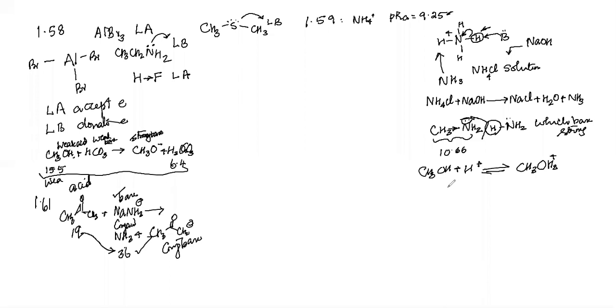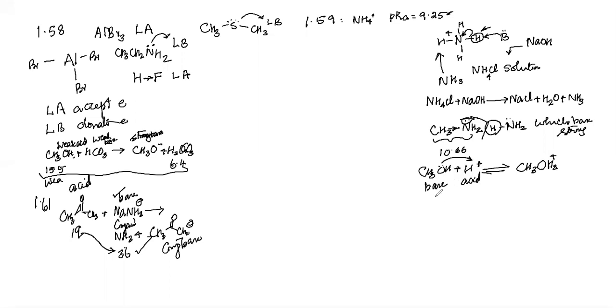Now, which is the acid, which is the base? Just write the mechanism. There is a lone pair of electrons on the oxygen, and it forms this product. So this acts as a base, a proton acceptor, and this is the acid.